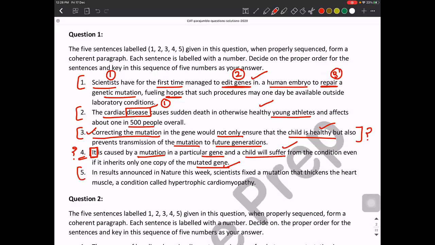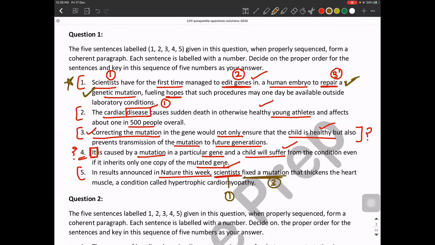Fifth option says, in results announced in the Nature this week, scientists now, here in the first option, you can see you have marked the word scientist. Here also, you can mark the word scientist. You can just link it all together. Fixed mutation. Fixed mutation means repair a genetic mutation.